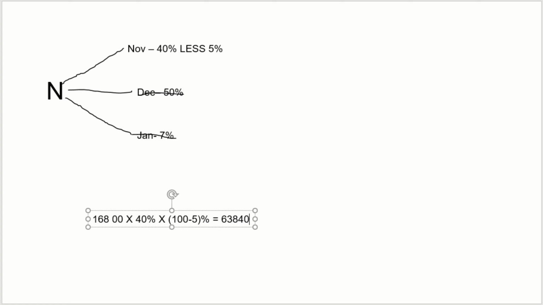So it will amount to 63,840 rands. Okay, as I've said before, feel free to input your 95 over there. Feel free to say 168,000 multiplied by 40% multiplied by 95%.